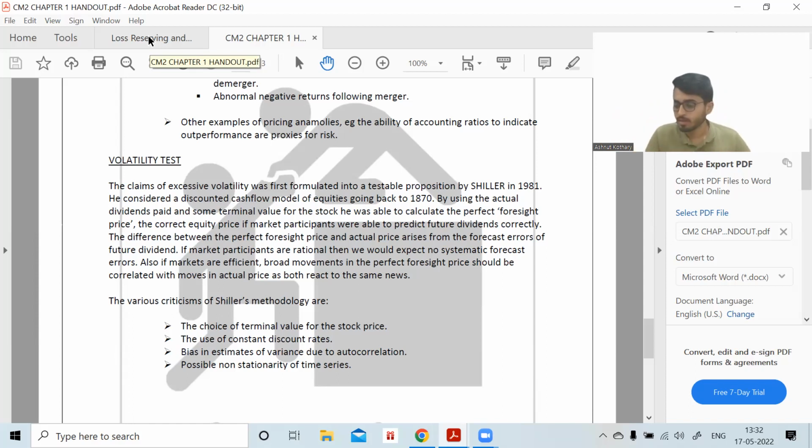Okay. So now by using the actual dividends paid and some terminal value for the stock, he was able to calculate the perfect foresight price, that is the correct equity price, if market participants were able to predict future dividends correctly. The difference between the perfect foresight price and actual price arises from the forecast errors of future dividends.